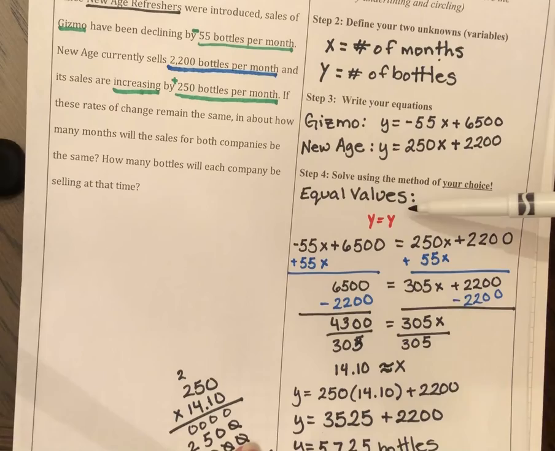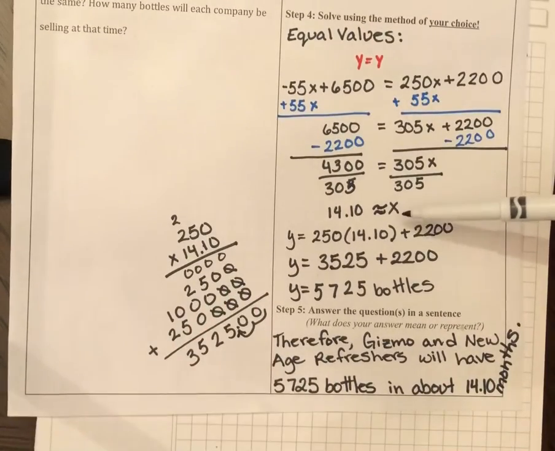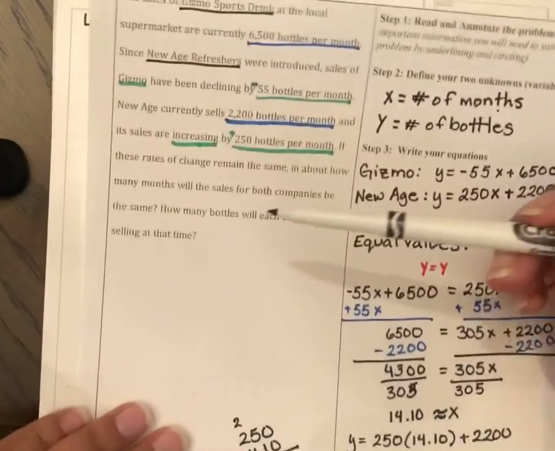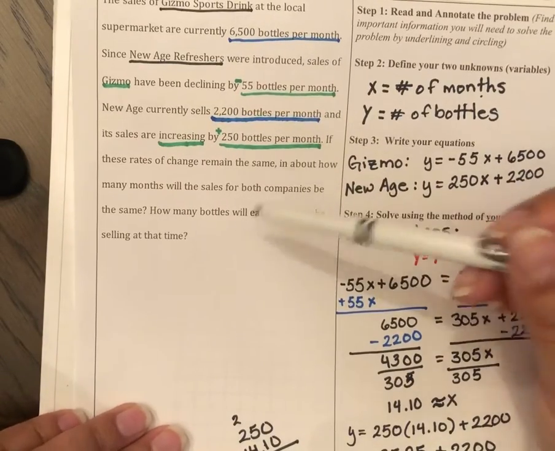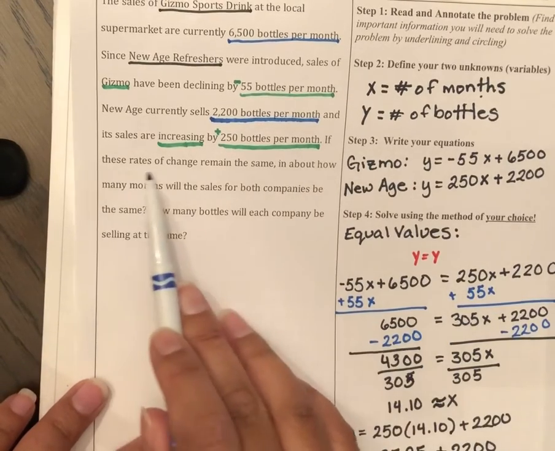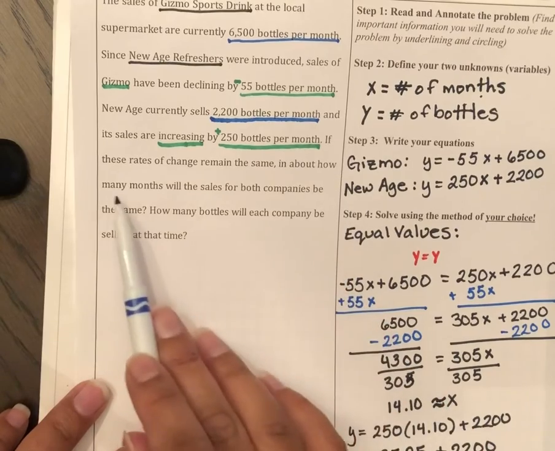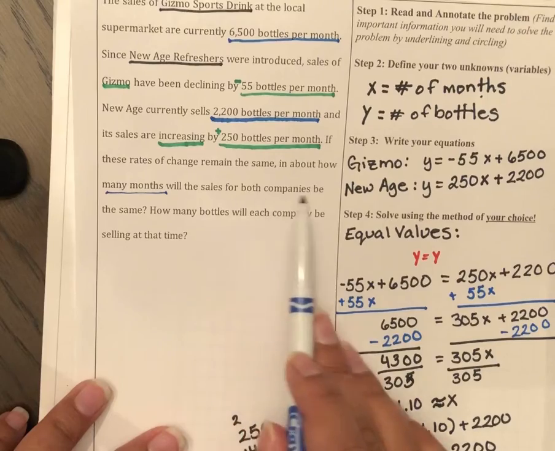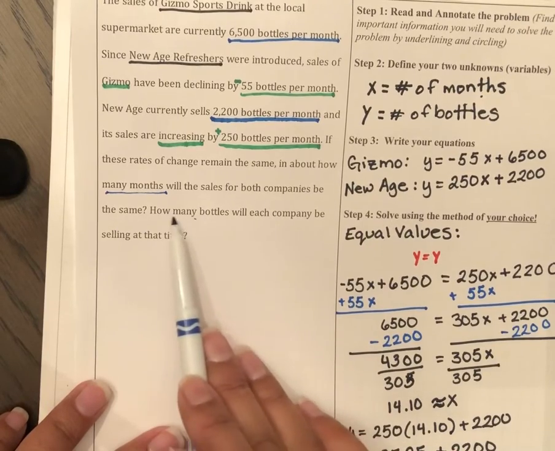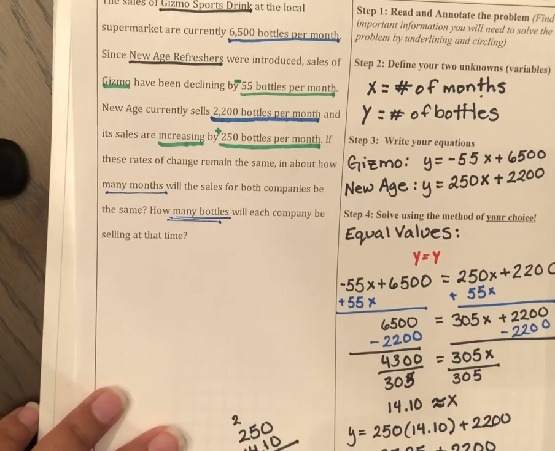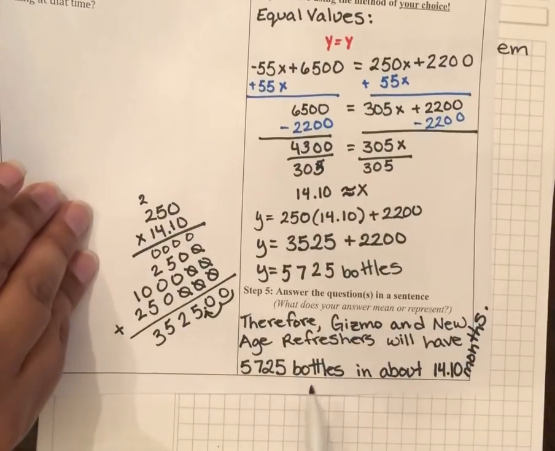Once you've made your choice, you're going to solve for both X and Y and answer the questions that were part of your problem. In this case, you had two questions to answer. If these rates remain the same, in about how many months, we said 14.10 months, will the sales for both companies be the same, and how many bottles will each company be selling at that time? So we answered that. Here's the number of bottles and how many months.